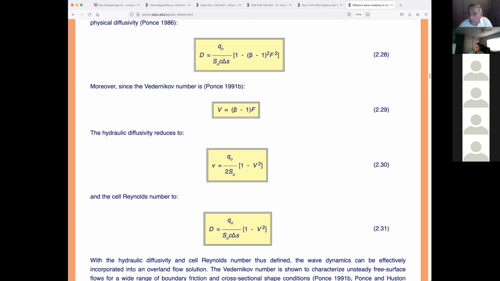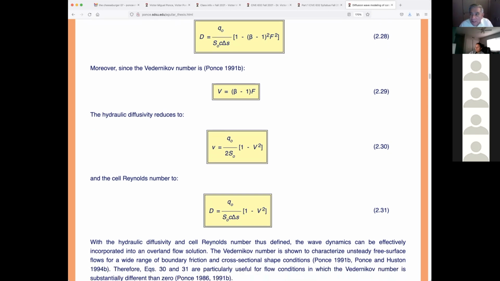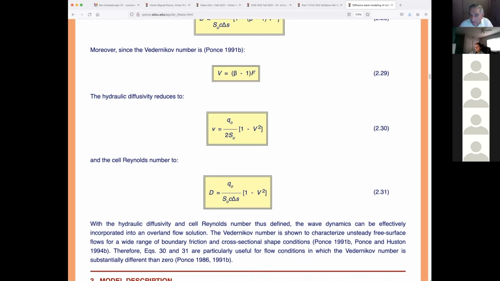Craya came in the year 1952 and said, you know, Vedernikov, he's a good guy and he's got all his stuff done well, but in reality, these roll waves happen when the dynamic waves overcome the kinematic waves. It's not supposed to be like that, but when it is, then it happens. That's when I came in, because I already knew my dynamic waves and my kinematic waves, and I was able to sort it out and put it all together in the year 1991, making it easy, kid stuff, to understand these concepts. It's no longer scientist, Vedernikov, hydraulic genius guy.